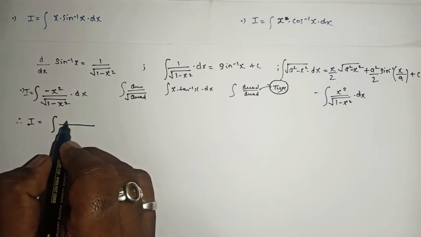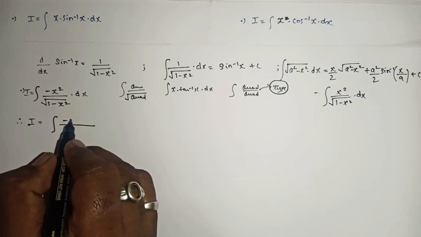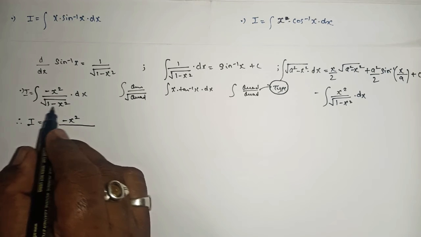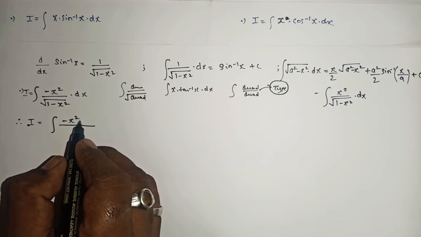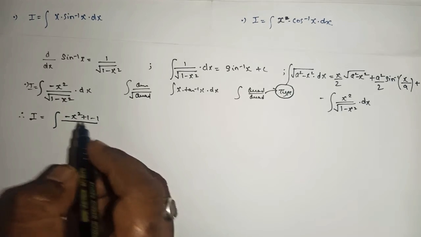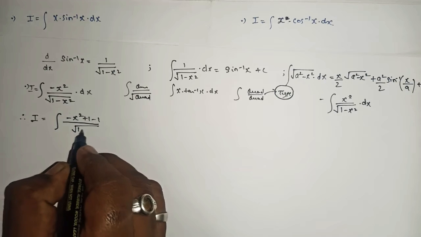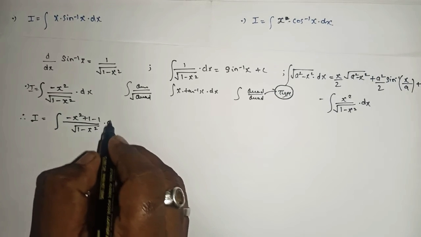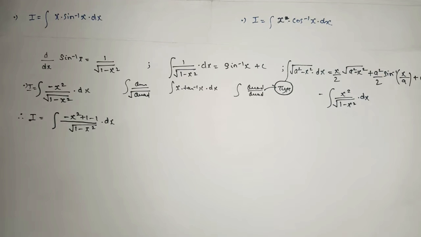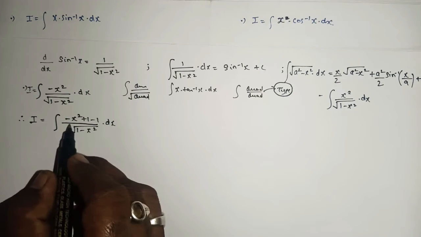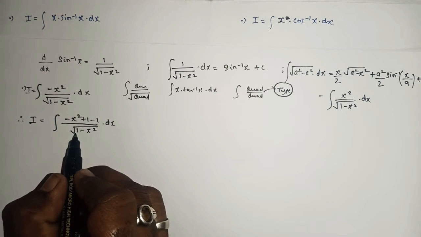Here you will write minus x square as it is, and do the adjustment like this: plus 1 and minus 1. The same thing we did in the last sum also. Minus x squared is there, so we require plus 1.